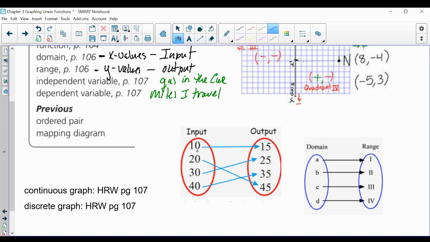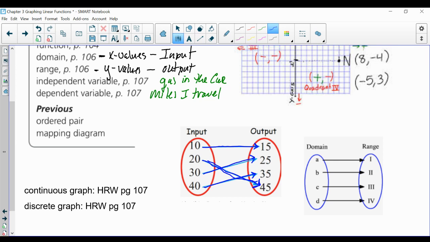On my first one I have 10 and the output is 15. On this one I have 20 but the output is 45, so it's not right across from it. And then on this one, I have 30. The output is 25. In this one here, I have 40 as my input and the output is 35.